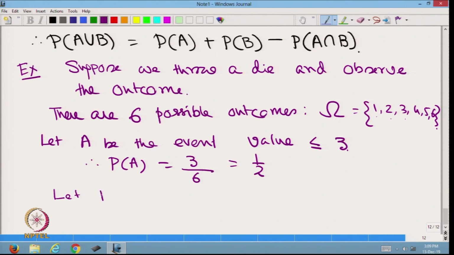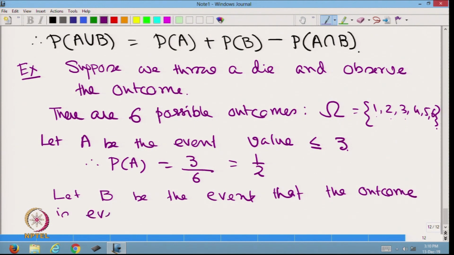Let B be the event that the outcome is even.